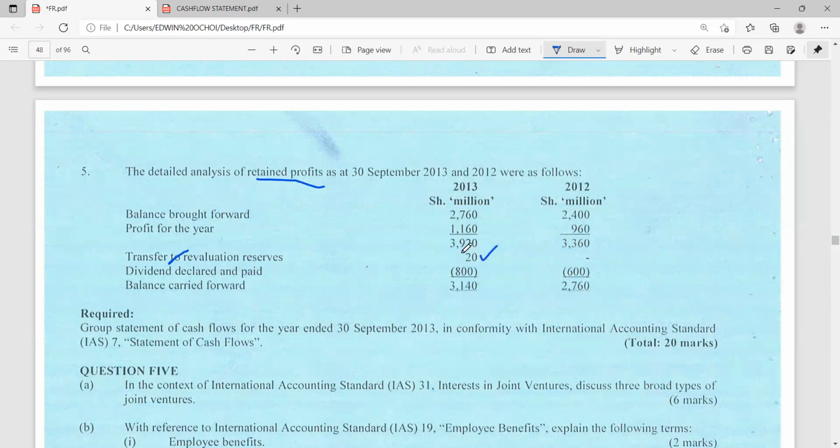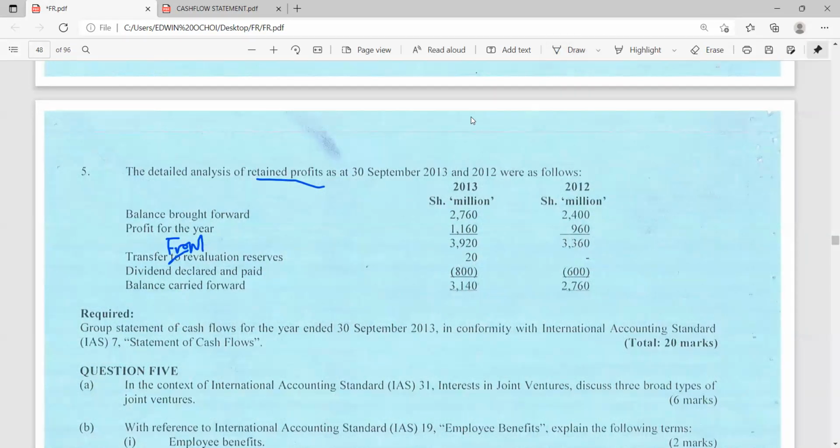If it's a transfer to, it's supposed to be deducted, because it's being transferred to revaluation. So since they made that mistake, we have to correct it and say that this is a transfer from, because they added that 20. This 20 was coming from the revaluation reserve. It's just a minor mistake. Then dividends declared and paid, and balance carried forward.